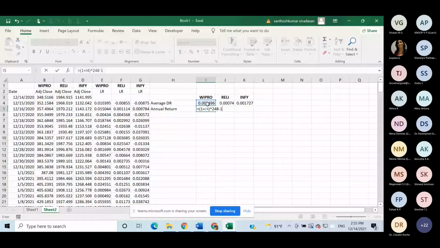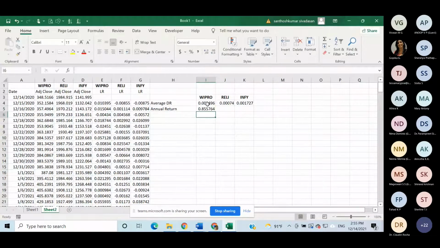We are just compounding it, that's all. This is the figure we got earlier for Wipro, 85. So if you drag this, you will get the annual return for the other stocks also.